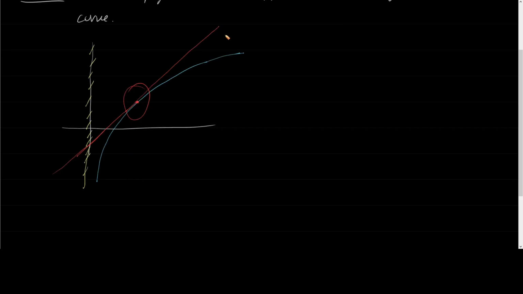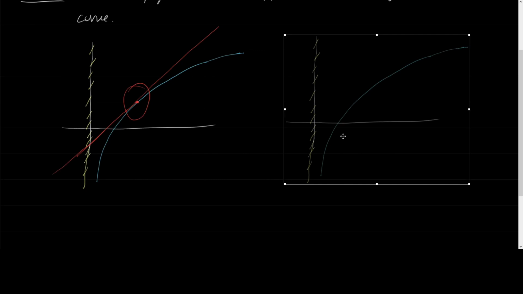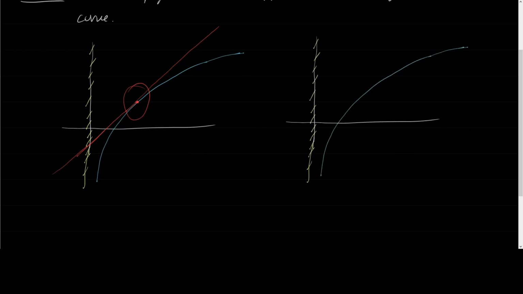Well, why do we have to use a line? Why can we not use a different curve? So for example, we're still going to have the point of tangency at the same spot, but around here we can approximate this better perhaps with something like this, with a parabola.